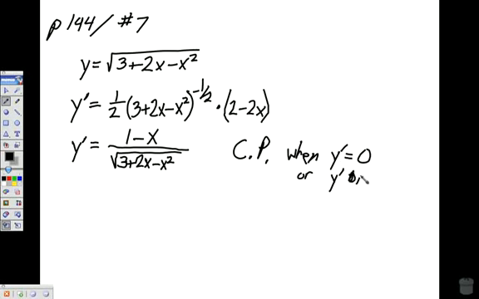Okay, so when does the derivative equal 0? When does it not exist? The derivative's a fraction. The only way a fraction can equal 0 is if the top equals 0. So that's going to give us x equals 1.